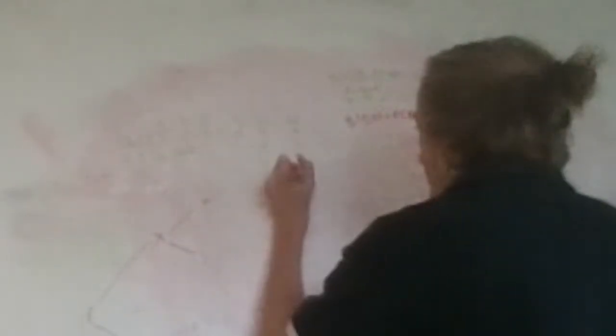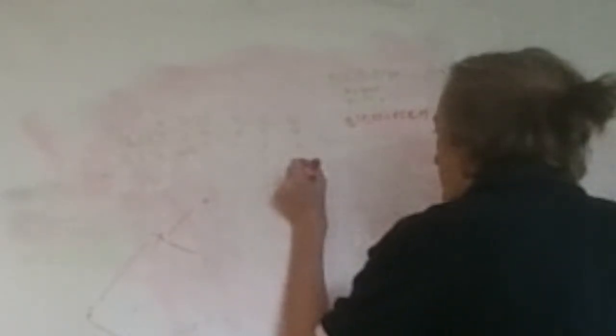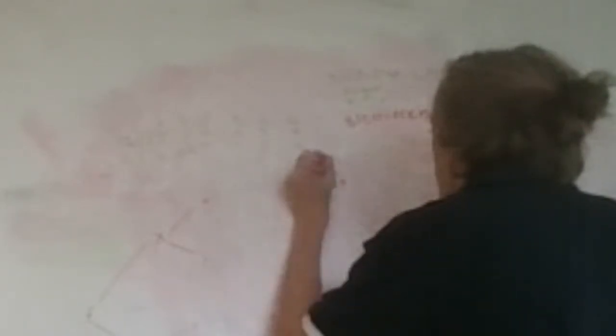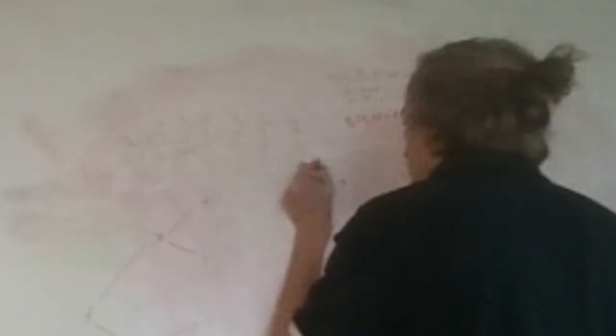So f sub r of 2 and 3. Well, just f sub r of x and y, or let's say df/dr.